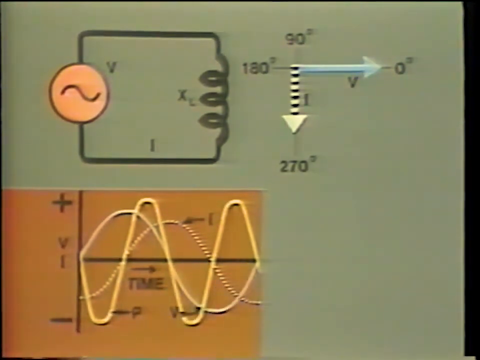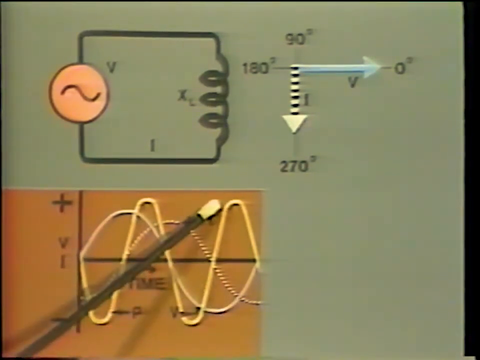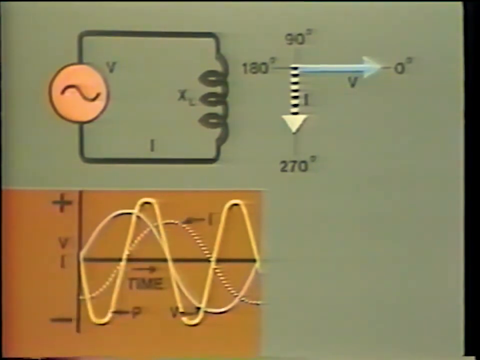Now, when current and voltage are both positive, or even both negative, then their product, power, will be positive. You remember, multiplying two negative values together results in a positive. But whenever the voltage and current have different signs, a positive times a negative, then their product is negative, as we see here.